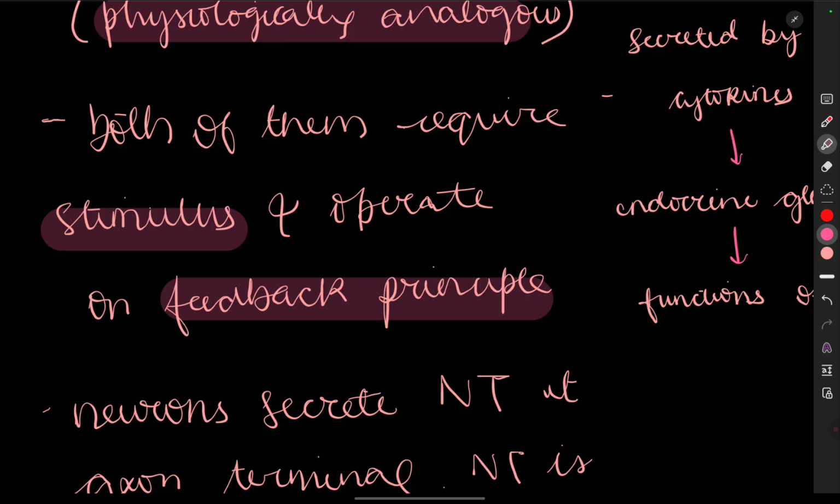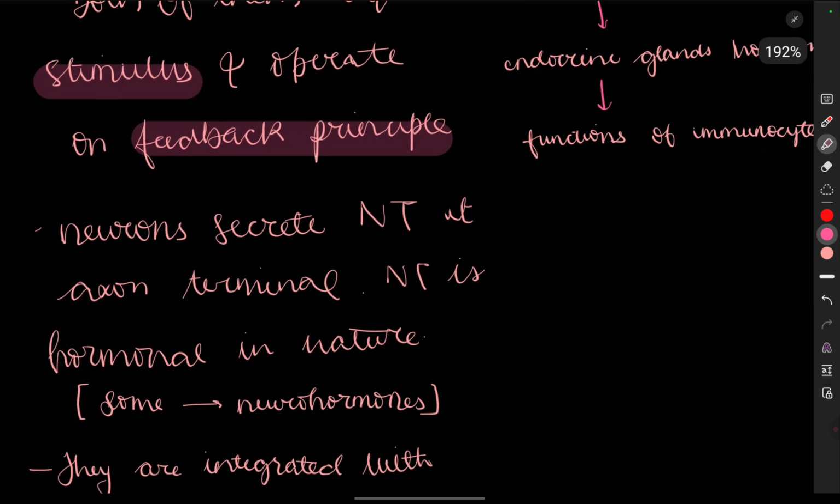For example, take oxytocin, which helps in the contraction of the uterus during childbirth. Endometrium or myometrium, I'm not sure, because I totally forgot. Both require a stimulus and operate on the feedback principle, positive and negative.